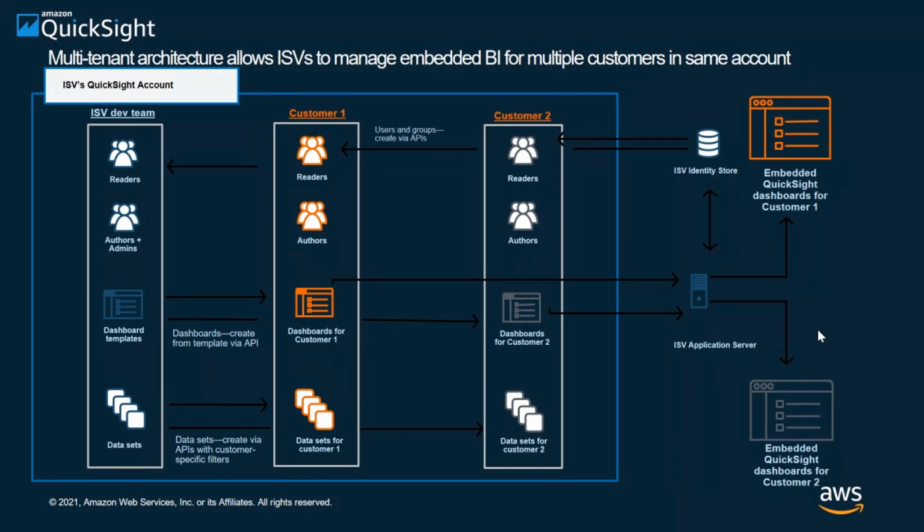And using our row level security for namespace, you can make sure that users under namespace one have the required access to the dataset. Similarly, users under namespace customer two have the required access for the dataset.